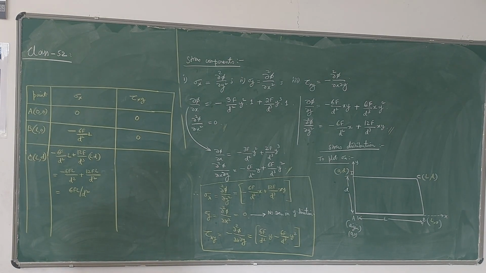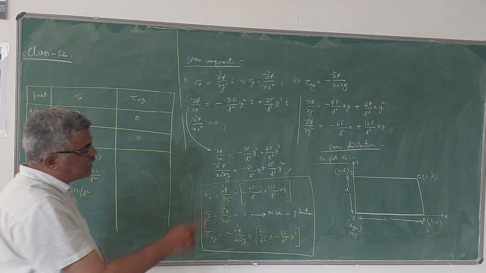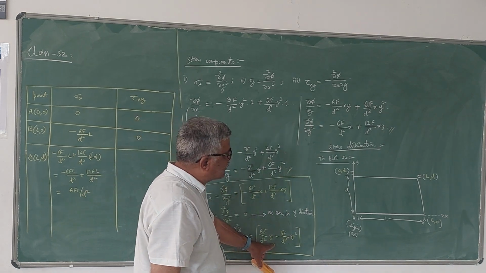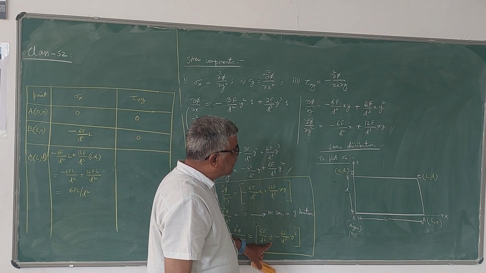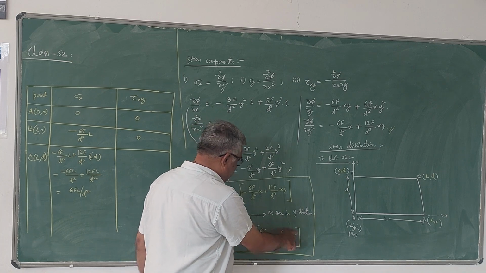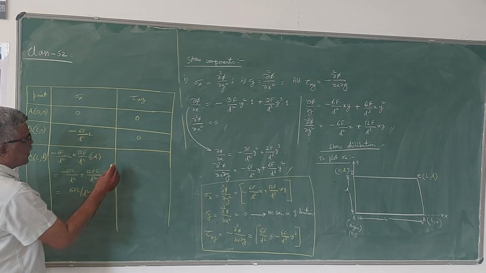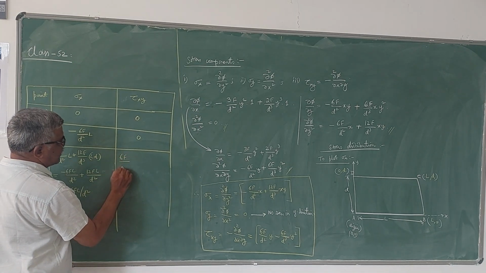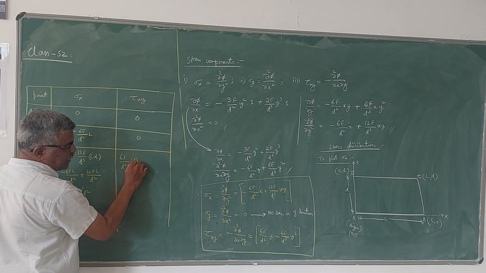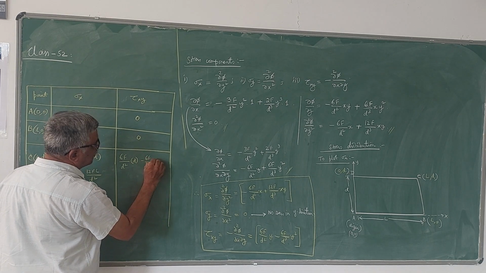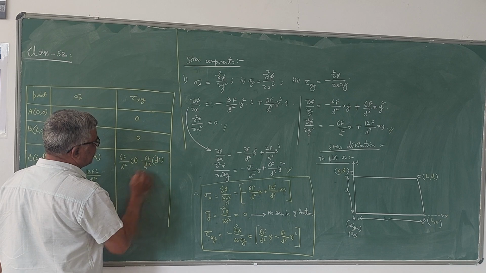Next, at the same point L comma D, what is the value of tau xy? So put x is equal to L, y is equal to D. Of course, here there is no x term. We have only the y term. So it will be 6F by D square into D minus 6F by D cube into D square.